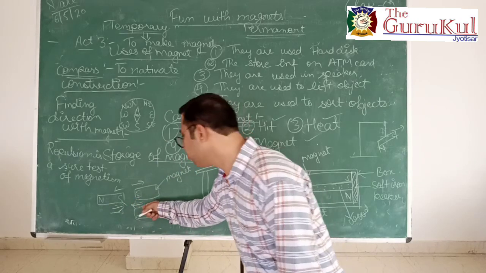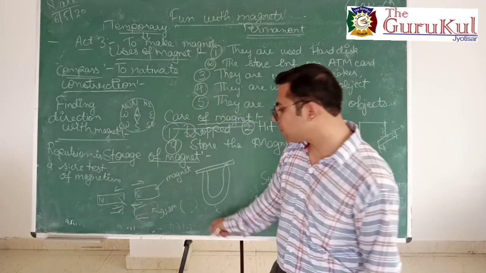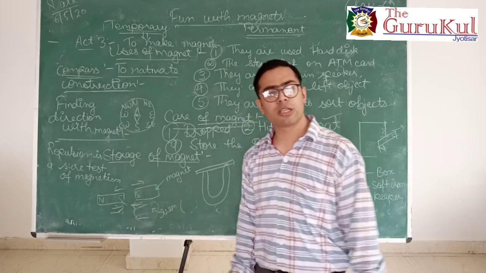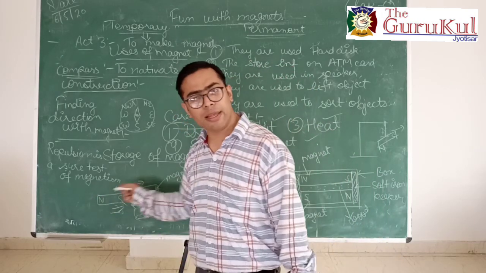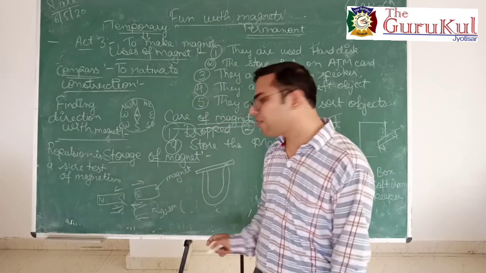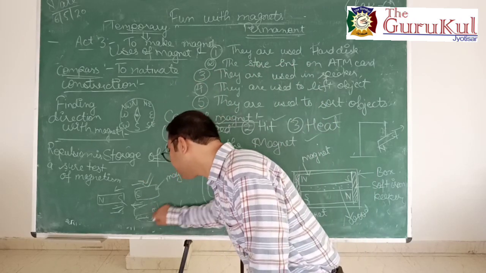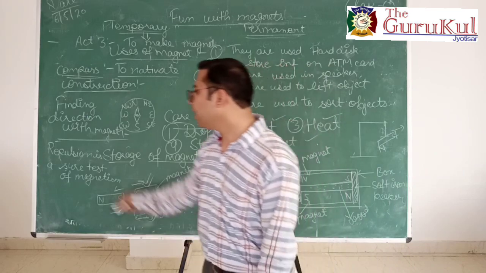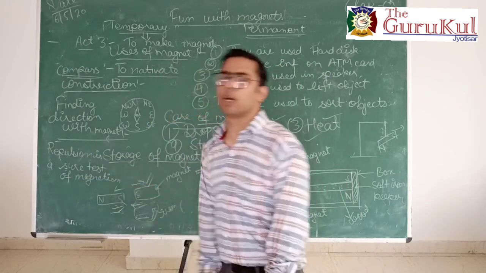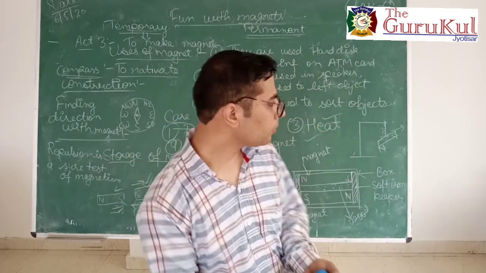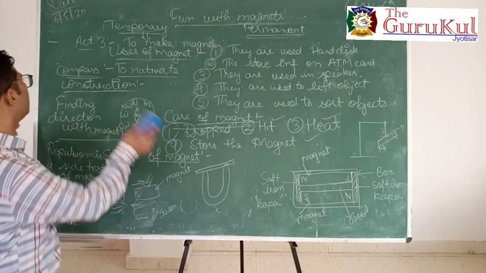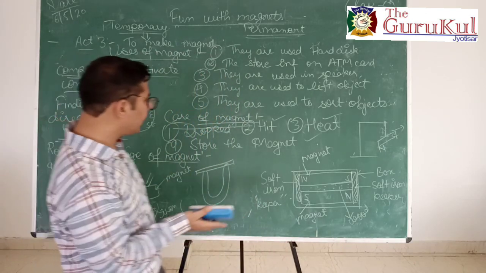This iron piece will move toward the magnet. So it is attracting, but the two magnets are repelling each other. In this way we can say which is a magnet and which is a magnetic material. That's why we say that repulsion is a sure test of magnetism. Okay. Now one more thing.